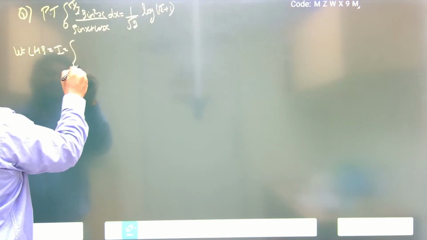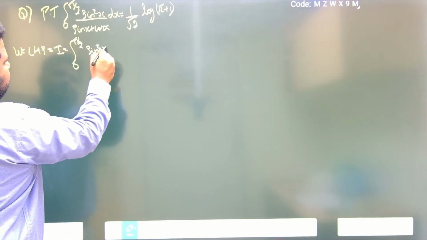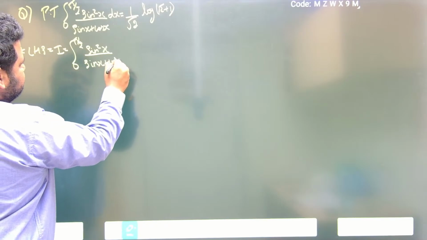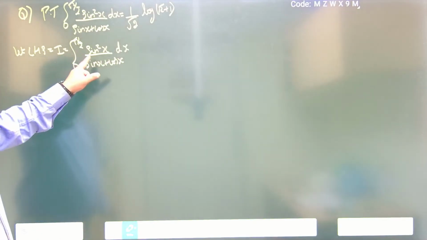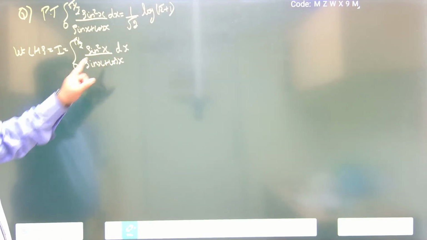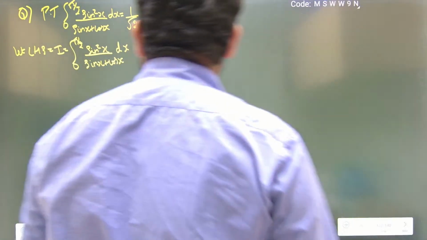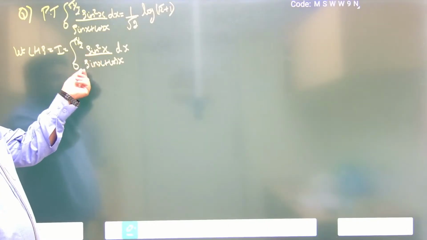We will take up whatever is in the LHS, that is the integral from 0 to pi by 2 of sin square x by (sin x plus cos x) dx. This is what we are having. Sin square x is there, and sin x plus cos x is there.